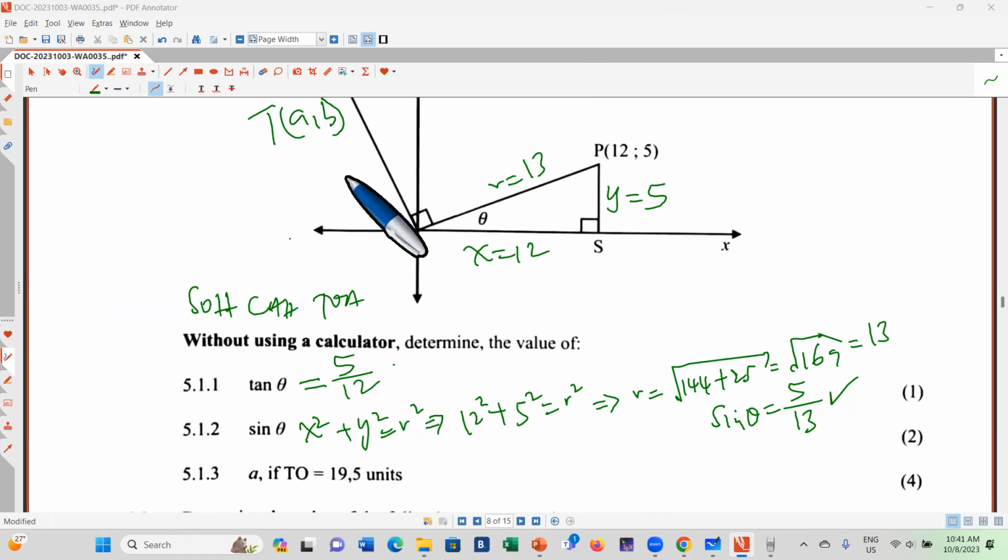Let me see. Because we're interested in this one, we're doing this one here, 5.1.3.